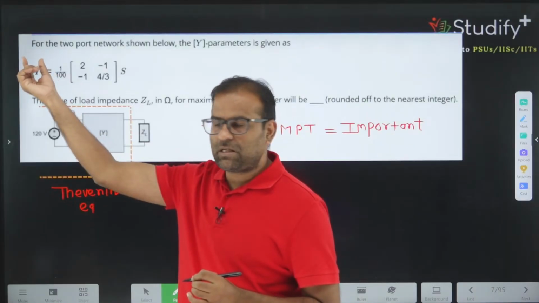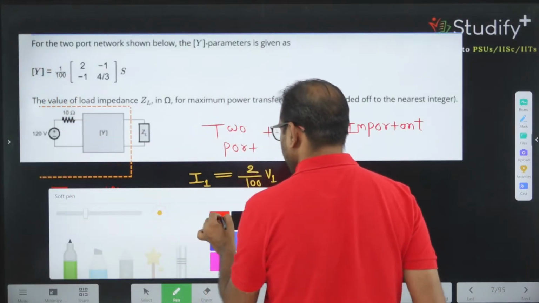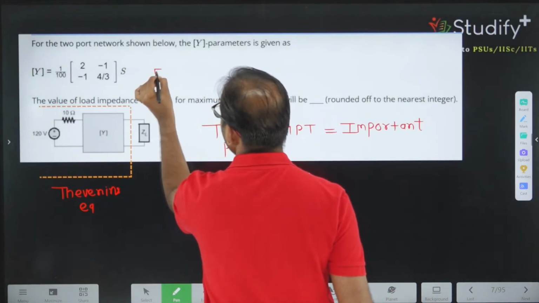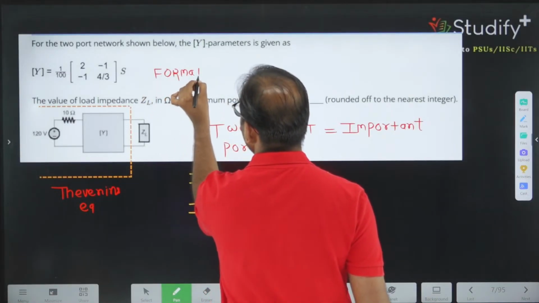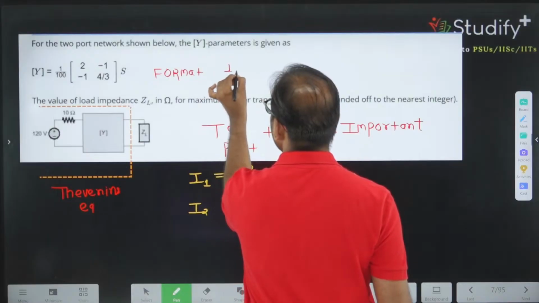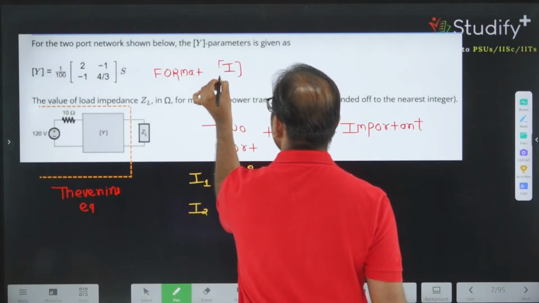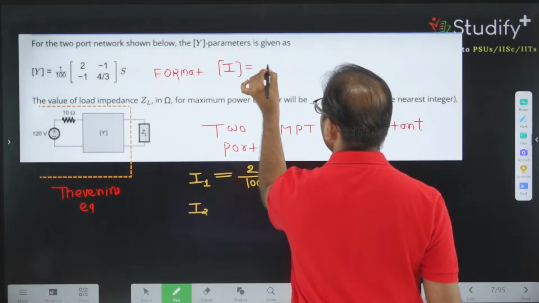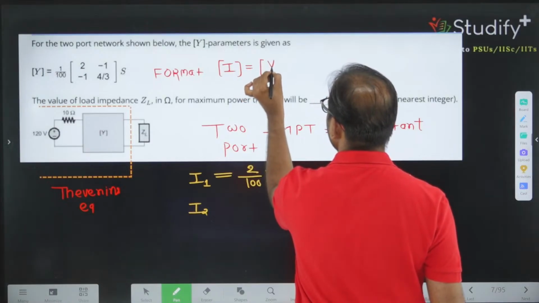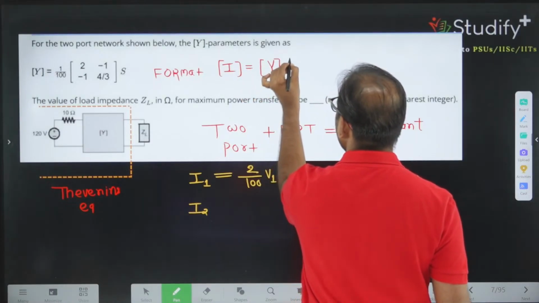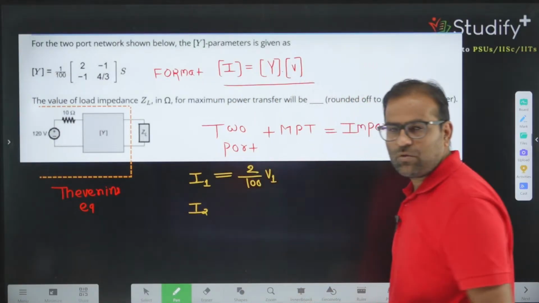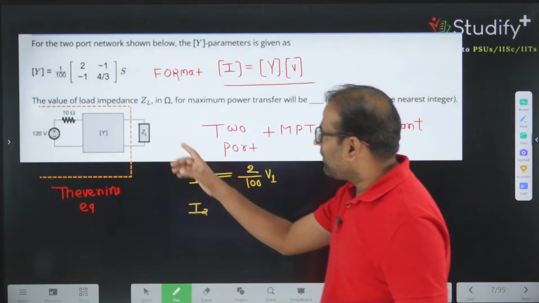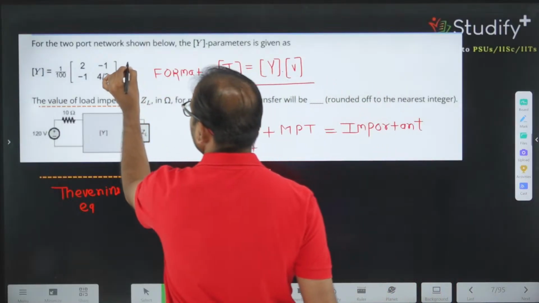The Y parameter format for the equation is I equivalent to Y into V, so here we can write V1, V2.